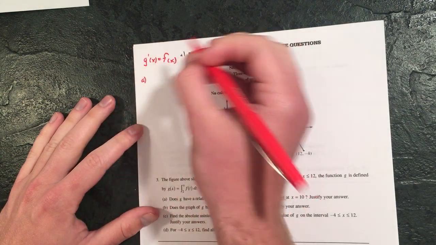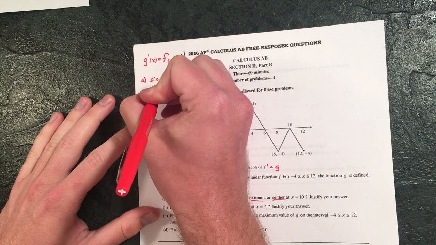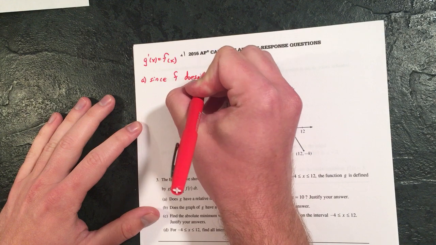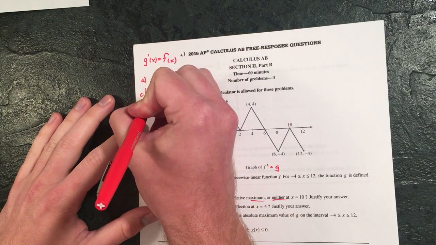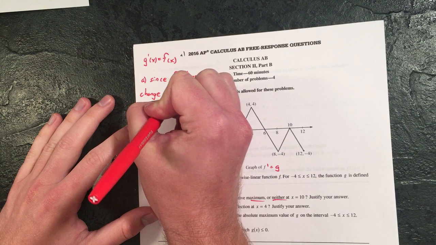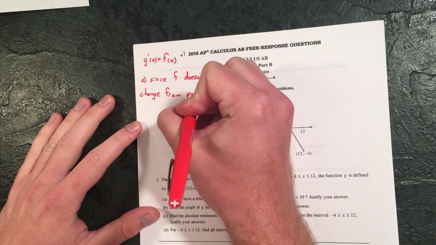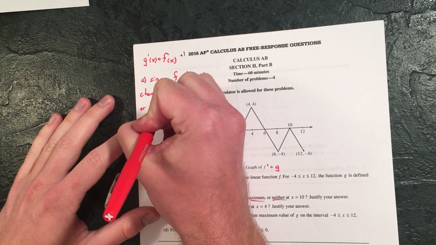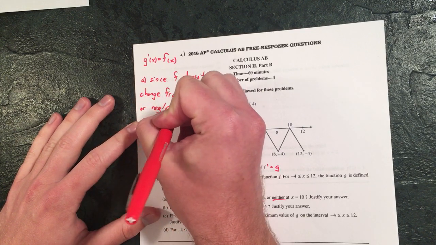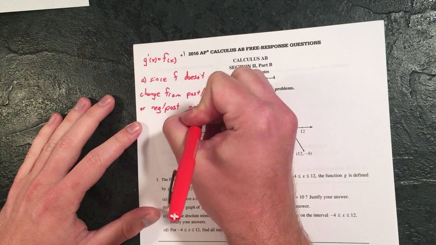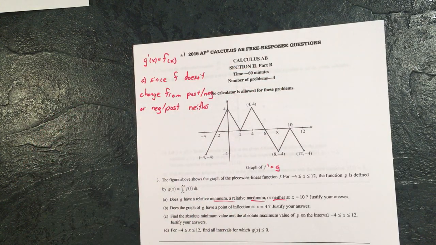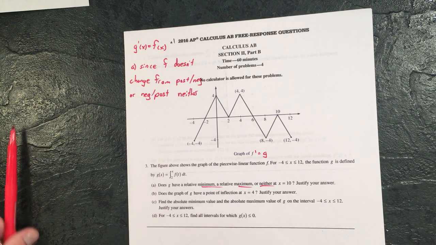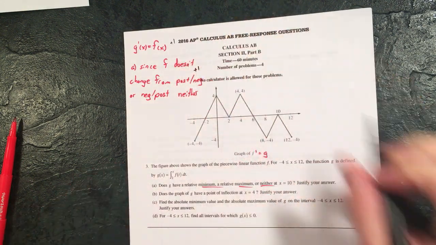So for A, we can say, since f doesn't change from positive to negative or negative to positive, neither. That's the thought here. And I think that's 1 point there as well for making that statement.